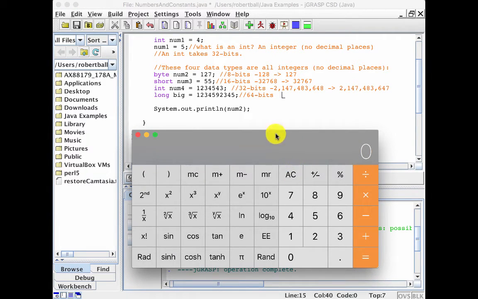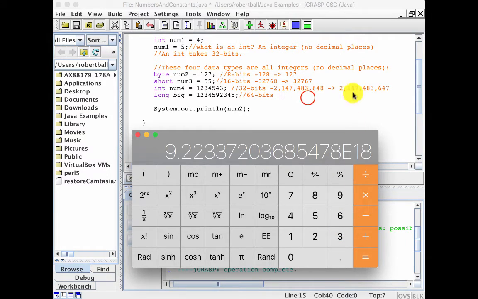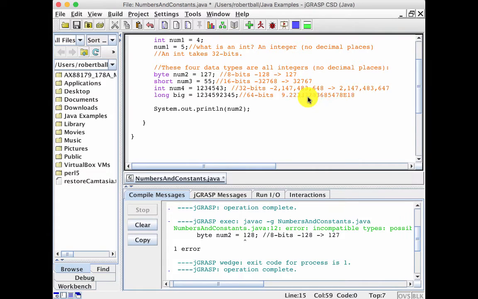Clear that out. Well, it's 64 bits. 1 bit tells us if it's negative or positive, so that's 2 to the 63 bits. Whoa, that's a big number. What is it even going to show up like? Wow, 9.2 times 10 to the 18th. Well, that's a really big number.